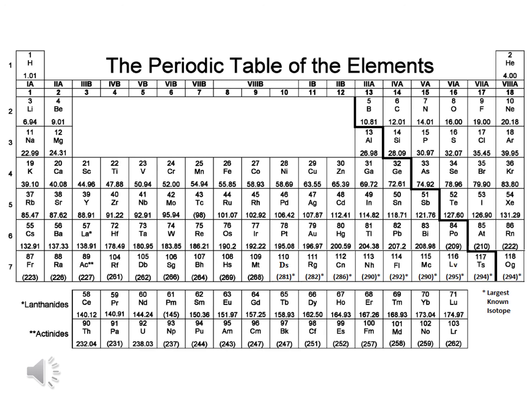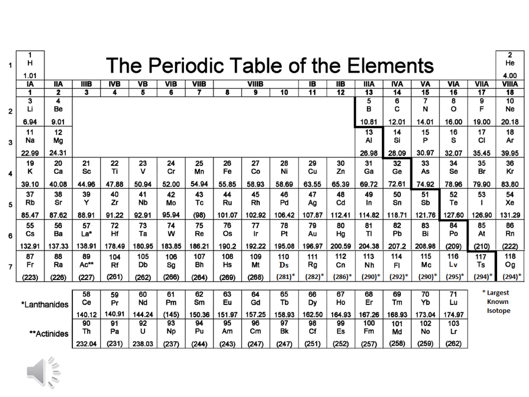All of those elements are, and there's some of them that are place names. 116 is Livermorium, named for Livermore, who's a person, but it's also a very famous lab in California, the Livermore lab. And Ts 117 is actually named after the state of Tennessee, which is where the Oak Ridge National Lab is. So they use a lot of different sources to get these names.